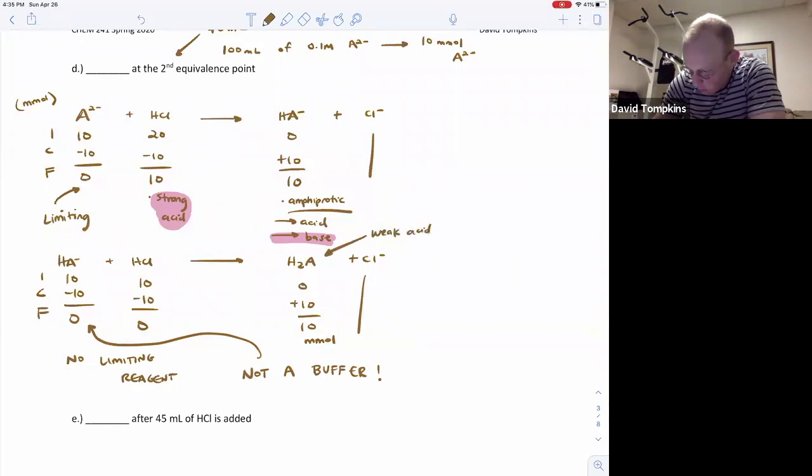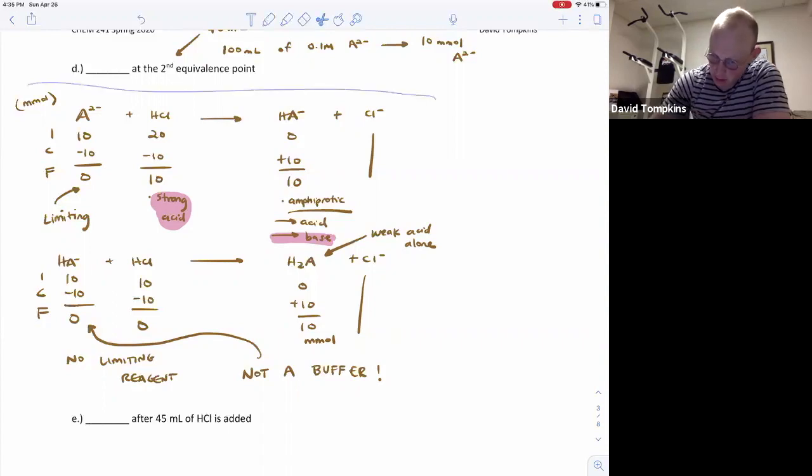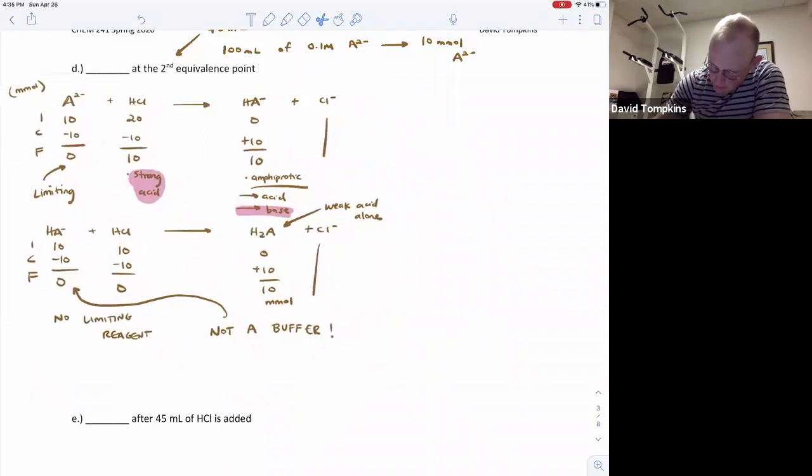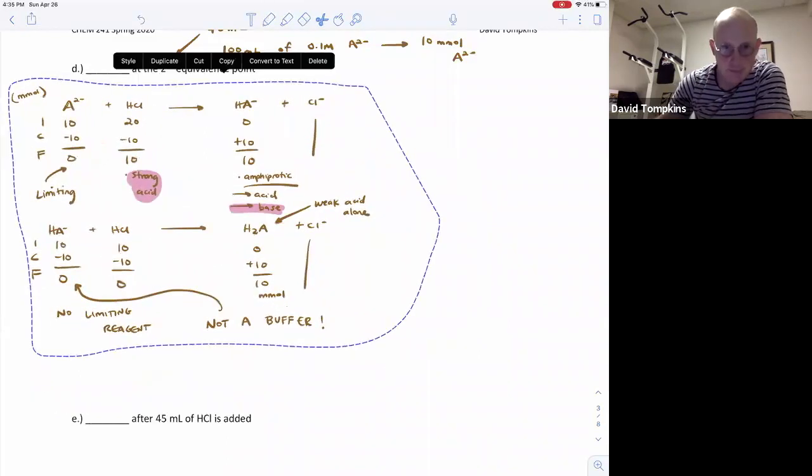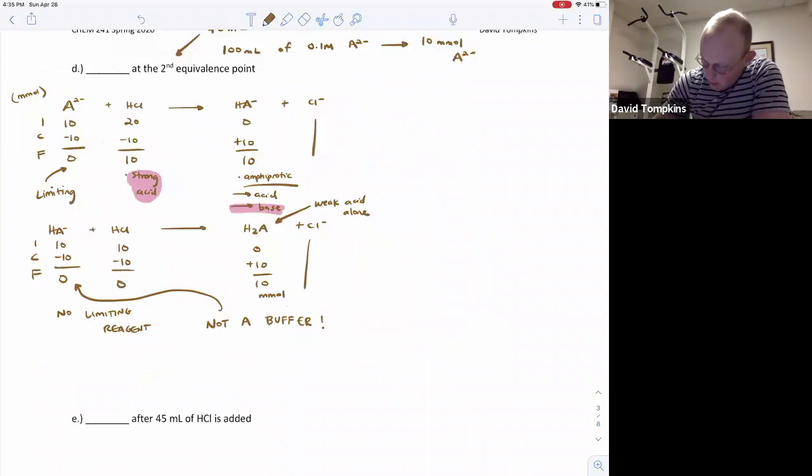And you should think, well, that's acidic. It's going to protonate something. And the only thing that's basic in solution is going to be water. So I got to write another reaction. I'm going to create some more room here, and I'm going to put that reaction up here. So now H2A is alone. It reacts with water.